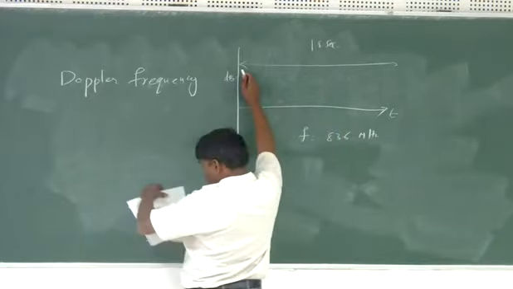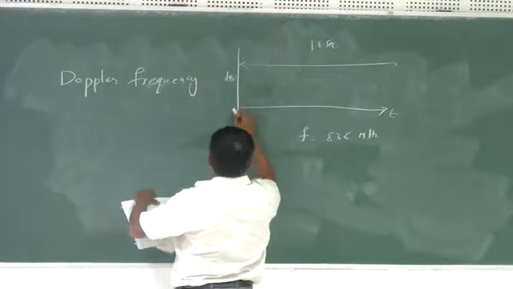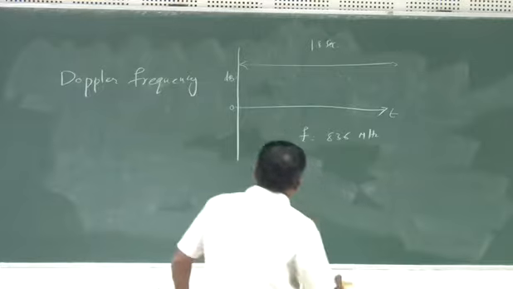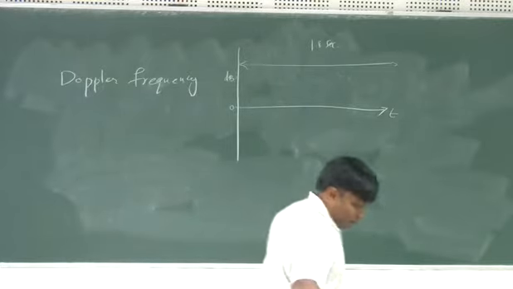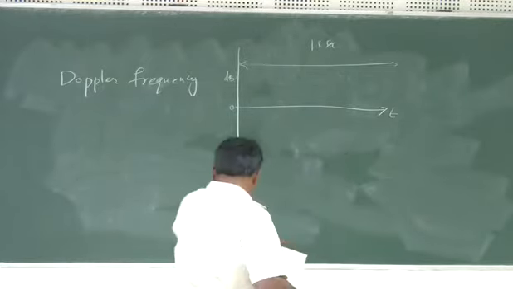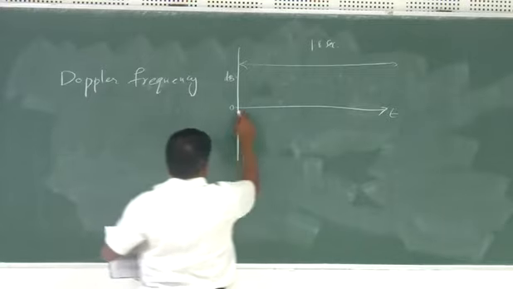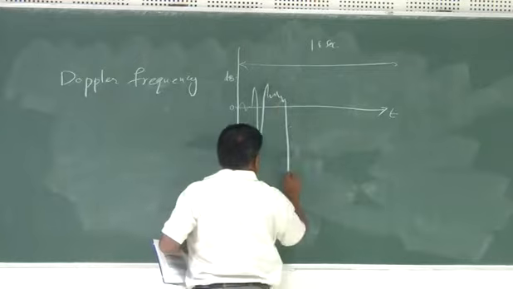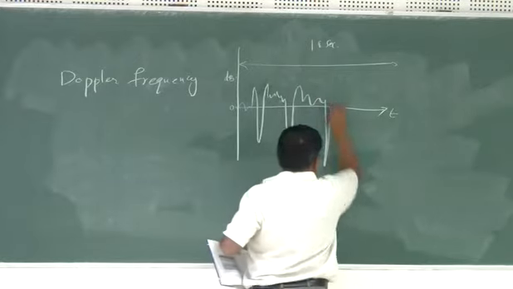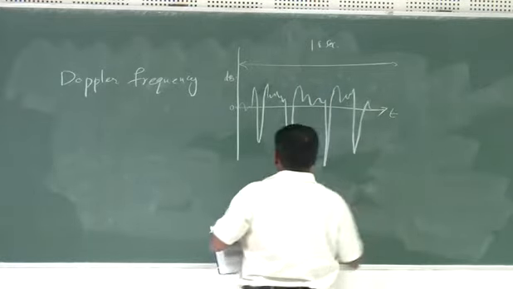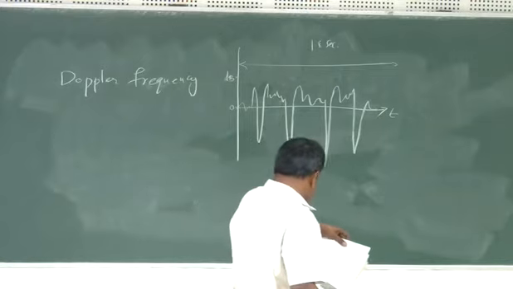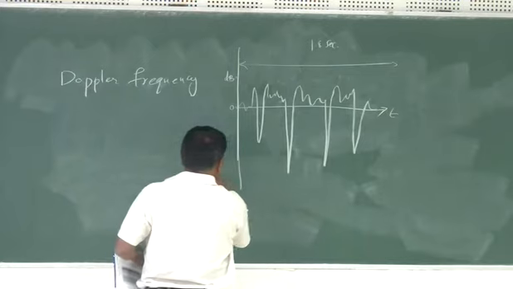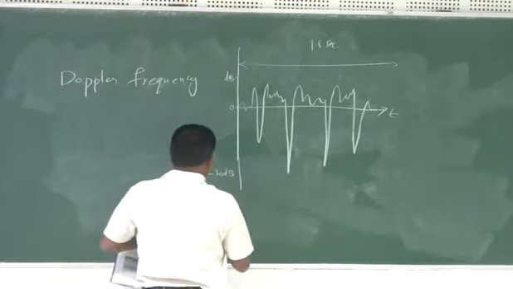Let's say it is at 0 dB, then you can observe some variations like this. Some of these fade depths can go as low as minus 30 dB.